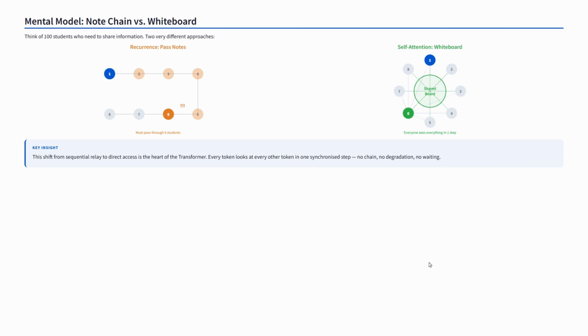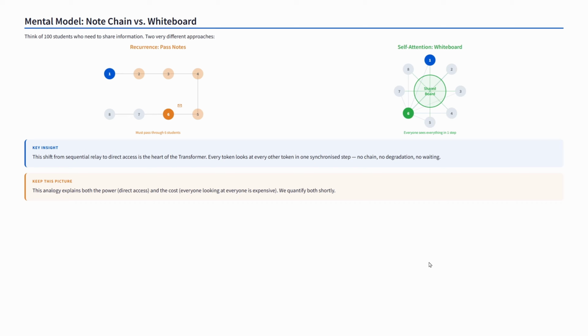This shift from sequential relay to direct access is the heart of everything. Every token can look at every other token in one step instead of waiting for the information to trickle through a chain. So, no degradation, no waiting, but direct access. And here's what's nice about this analogy. It explains both the strength and the weakness of the transformer.